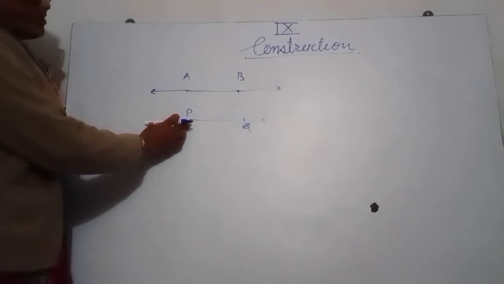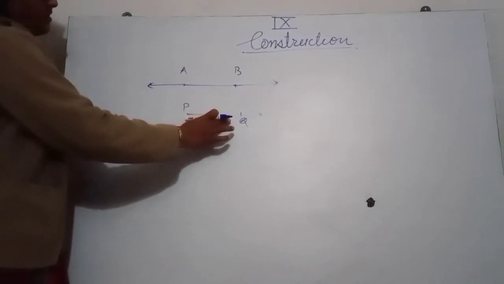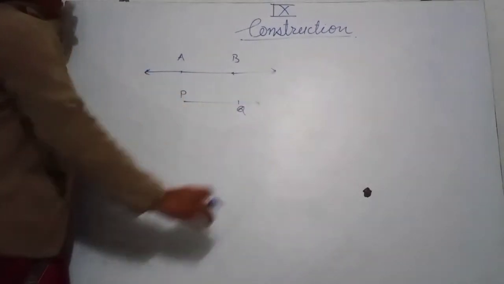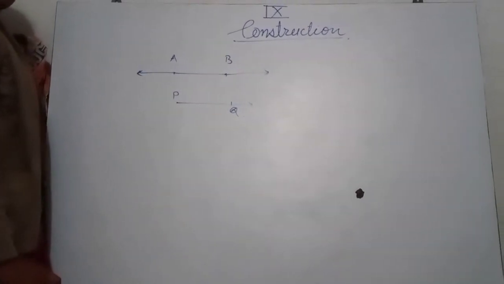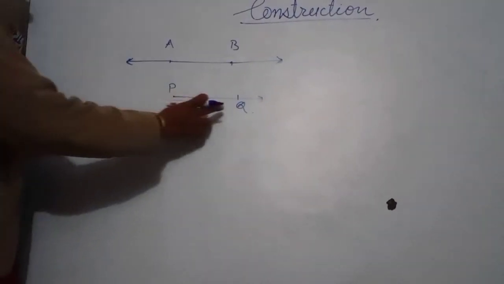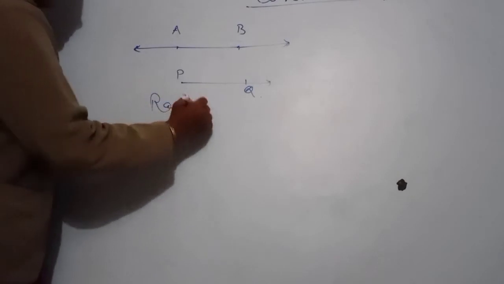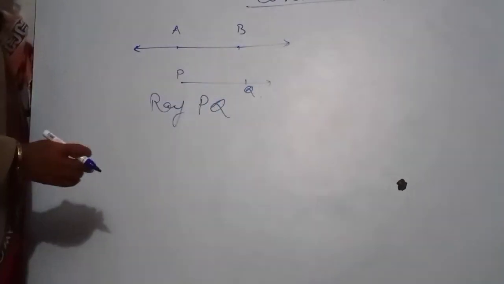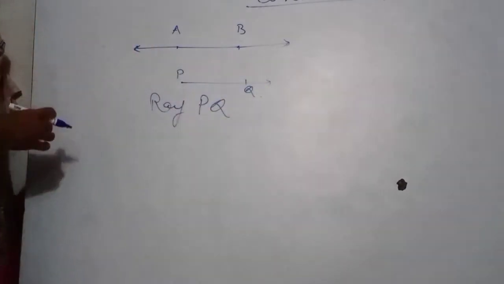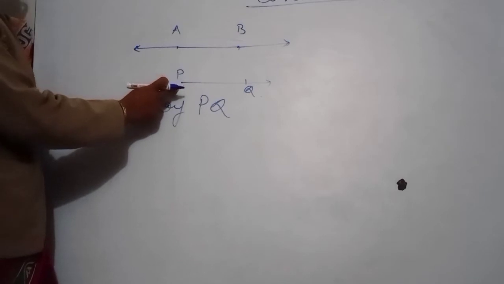This point is called the origin, and the arrow shows this ray PQ is continuously going in the same direction, in the direction of Q. We can read this as ray PQ. We cannot read it as ray QP. Why? Because P is the origin of the ray.